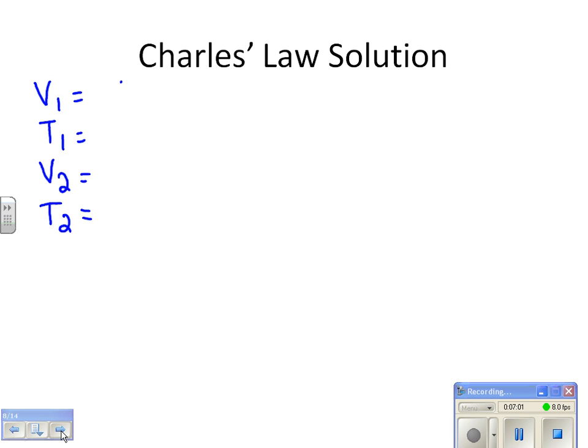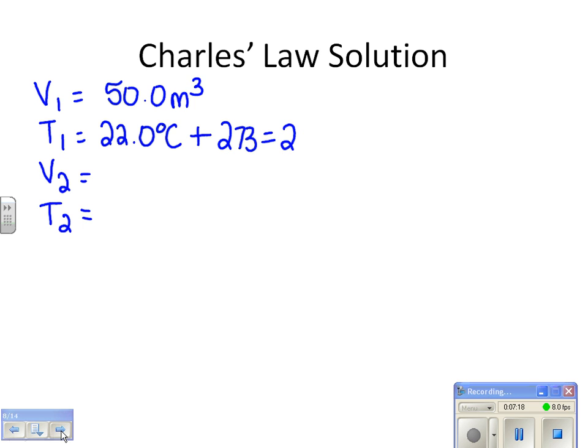V1 is equal to 50.0 meters cubed. T1 is 22.0 degrees Celsius. Uh-oh, got to change it to Kelvin. Adding 273 gives us a Kelvin temperature of 295 Kelvin. V2 is 60.0 meters cubed. T2 is our unknown.